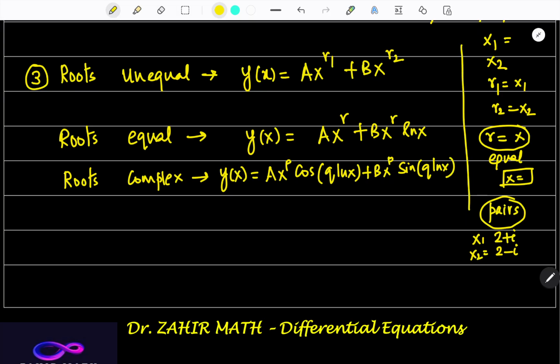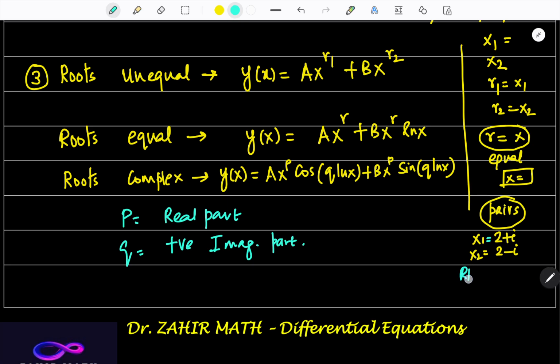This is your formula. Then what is your p and what is your q? Your p is equal to the real part, and your q is the positive imaginary part. What do you mean by this? Suppose you get in the calculator x1 equals 2 plus i and x2 equals 2 minus i.